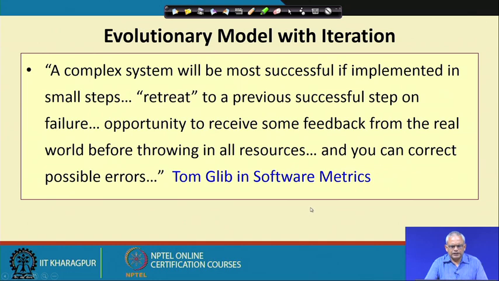So, he has identified the big advantage of the evolutionary model, that client feedback is obtained and the features are determined as the client keeps on using; the system evolves. And if some feature the customer does not like, then that feature is simply discarded and new features replacing that are built.